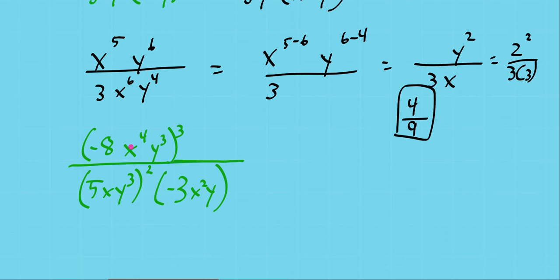For this one here, negative 8x to the 4y cubed over 5x y cubed squared times negative 3x squared y. Going to do the distributive parts if I can first.